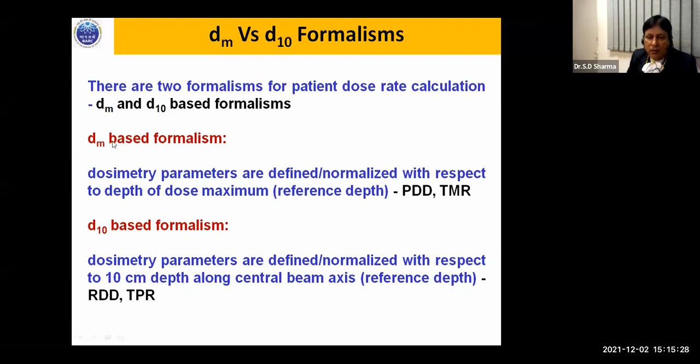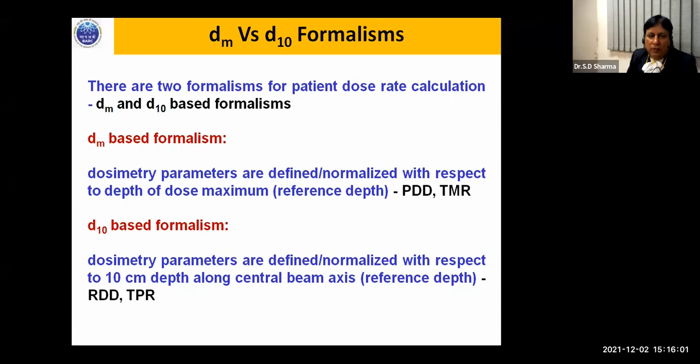If we calculate or measure the dose at Dmax and convert it to the dose at the tumor center, which is far away from the depth of dose maximum, probably we are incorporating a certain percentage of error deliberately. So to eliminate the issue of contaminated radiation, the depth of 10 centimeter based formalism was brought forth and the parameters were defined accordingly.